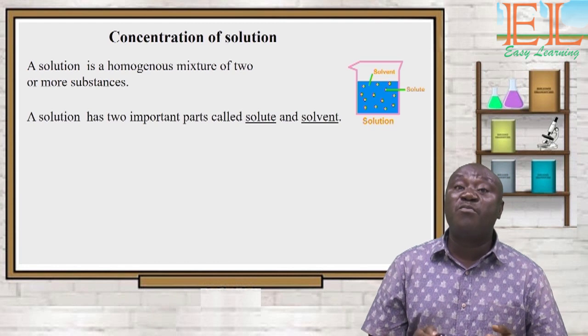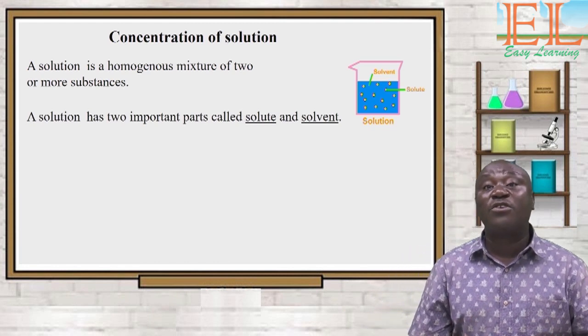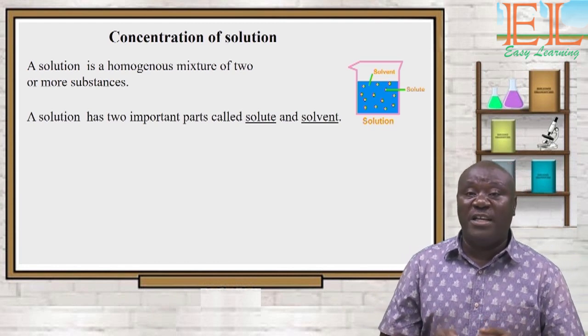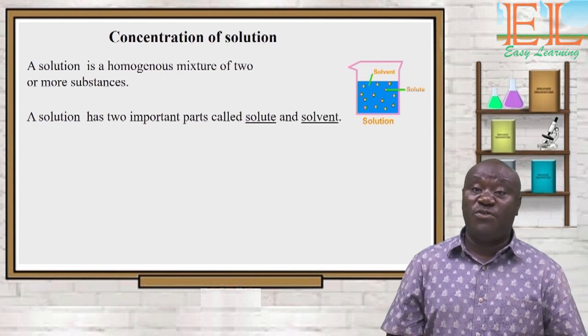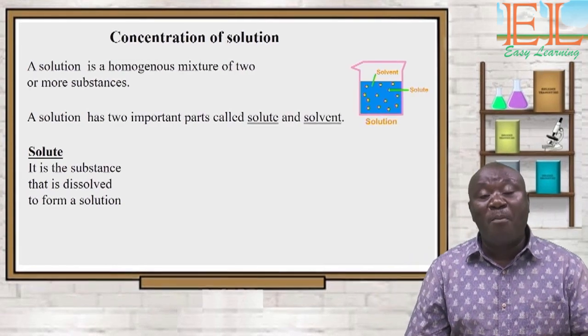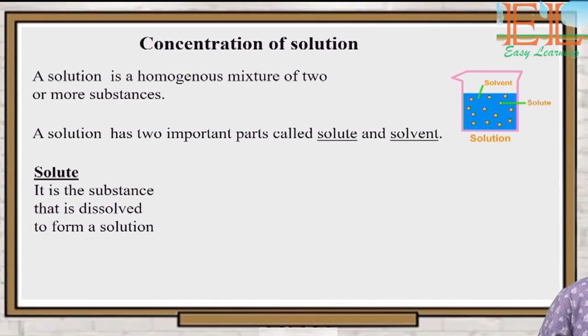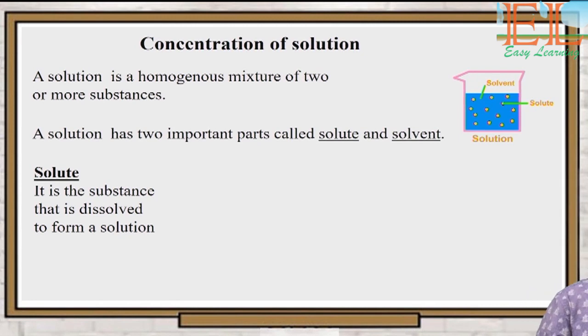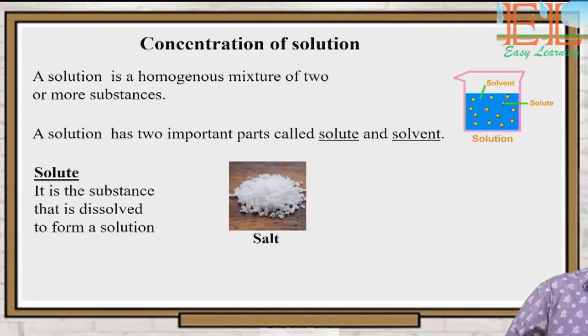A solution has two important parts called solute and solvent. What is a solute? A solute is a substance that is dissolved to form a solution. So for example, if I put salt in water, I blend it such that the particles dissolve completely, and I cannot identify or see the salt particles in the water.